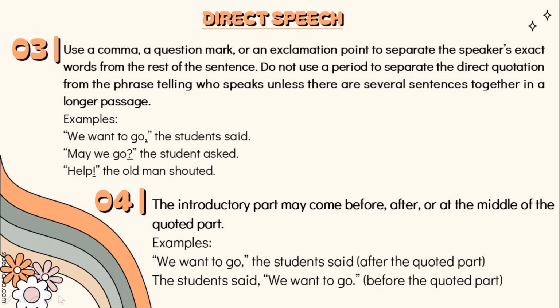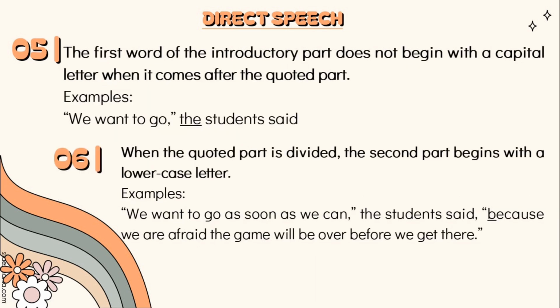Okay, so let us proceed. Okay, number 5: the first word of the introductory part does not begin with a capital letter when it comes after the quoted part. So this is very understandable, no? It is said here that when the introductory part is placed at the last or after the quoted part, or the exact words of the speaker, the first letter should not be a capital letter.